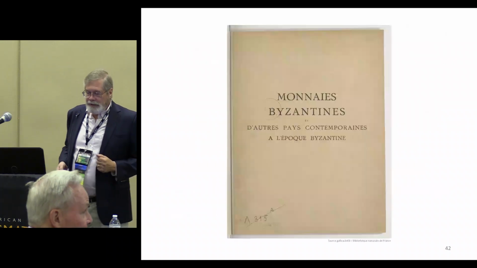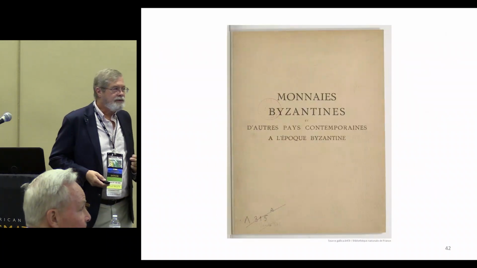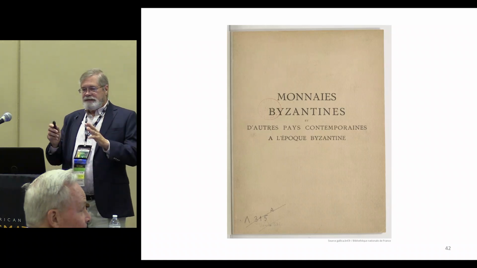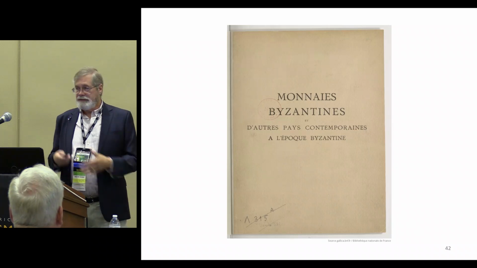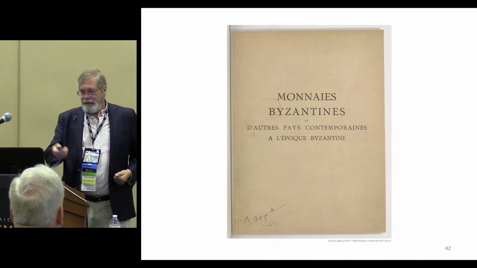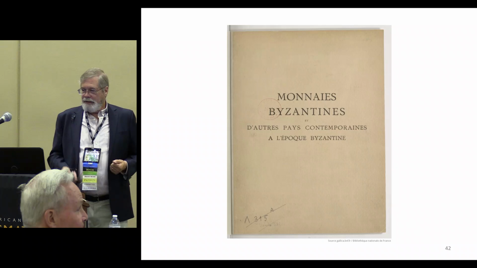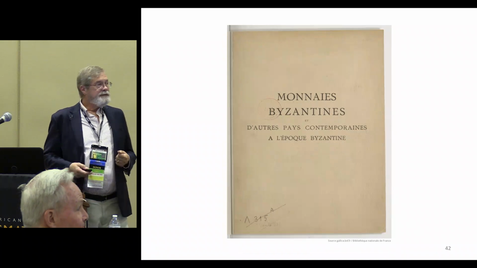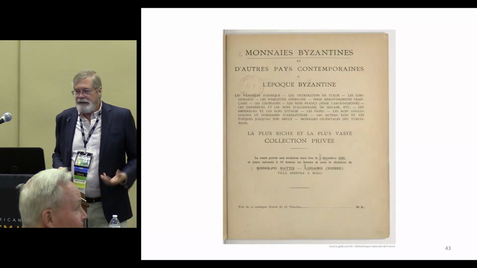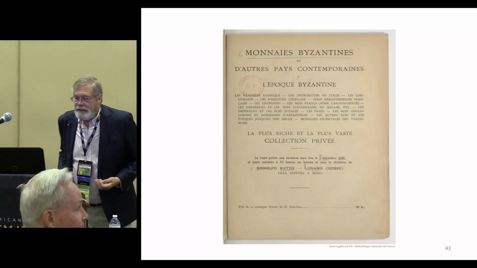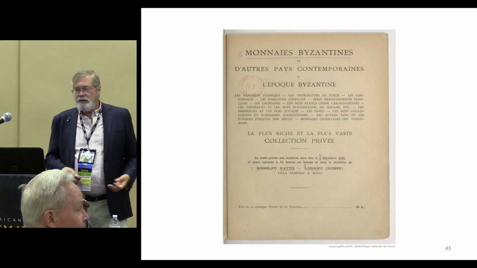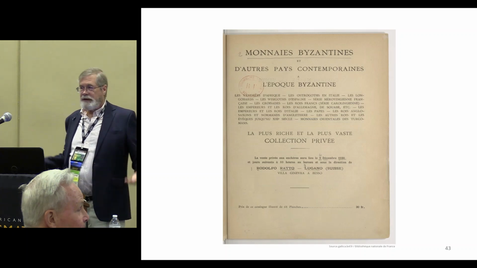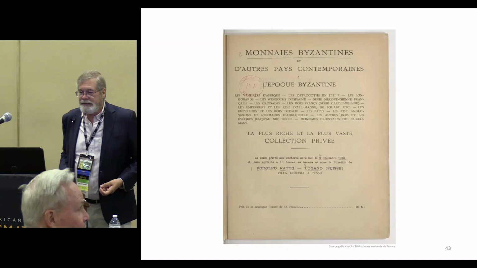I couldn't go back a full 100 years ago. I could only go back to 1930 to find something that would work, but this is the Ratto sale of 1930. It was the biggest sale of Byzantine coins ever up to that point in time, and this is the cover of the catalog that was done for that. Here you see the first inside page of it, and you'll see that it is the richest and most vast private collection of Byzantine coins, and also covers coins of countries that were contemporary with the Byzantines at that time.